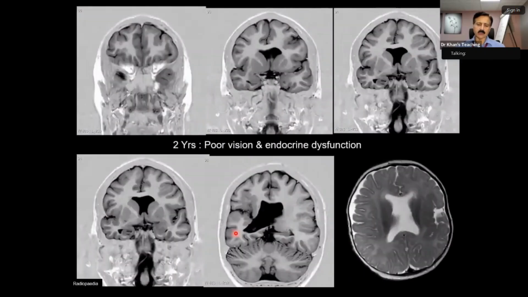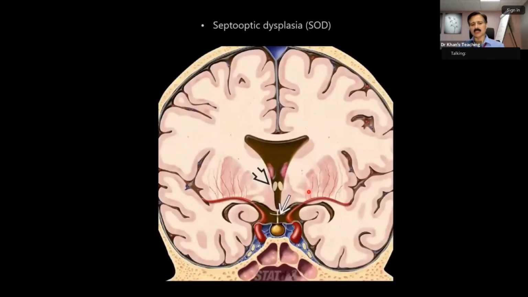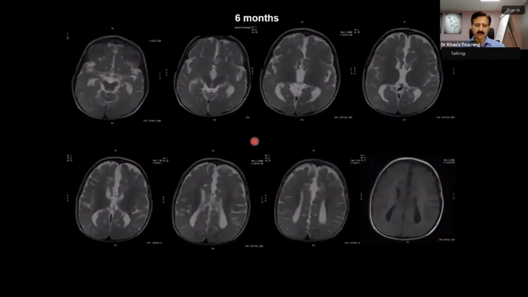The optic chiasm will also be thin, so the patient cannot see. And 80% of them will have endocrine disorders. So the pituitary radiologically might be normal, might not be normal, but endocrine dysfunction is there. Another key finding is absence of the septum, and it can be associated with schizencephaly. So this has come in the exam.